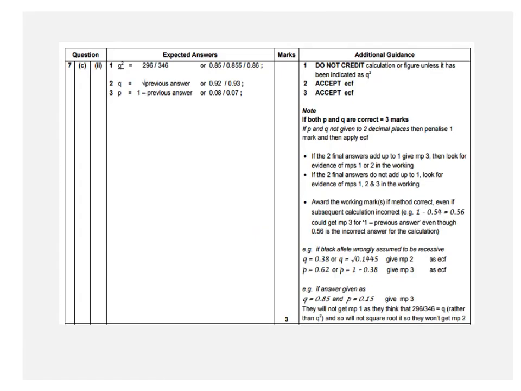So here are the answers. Should have recognised that Q squared is the red ladybirds. And that said that there were 296 out of the total number. So remember, there were 50 of the black ones and 296 of the red ones, which gives you a Q squared value of about 0.855.